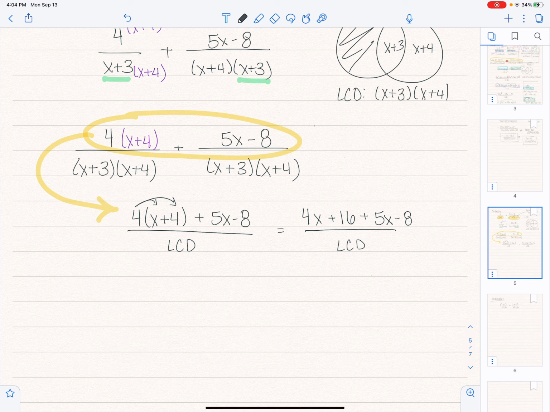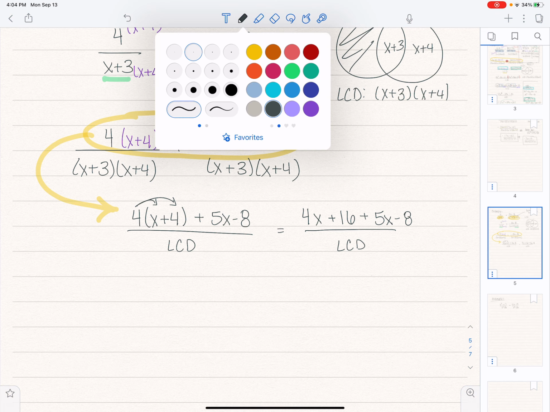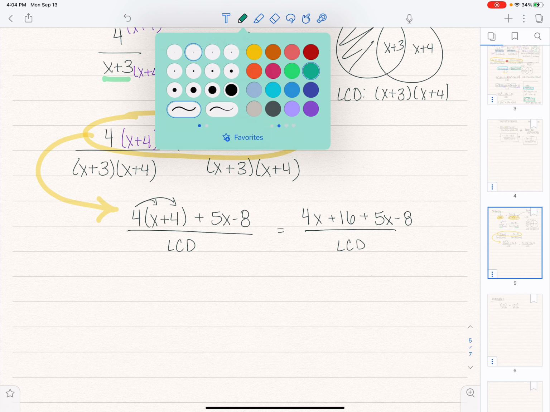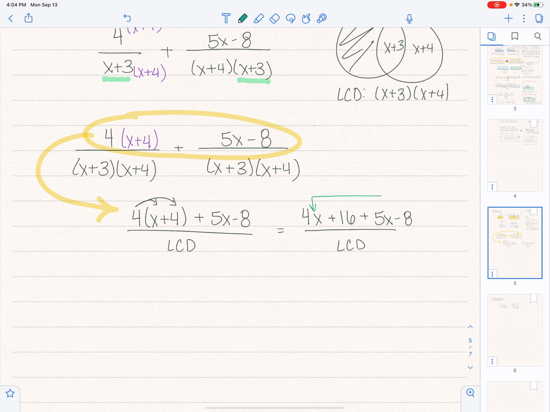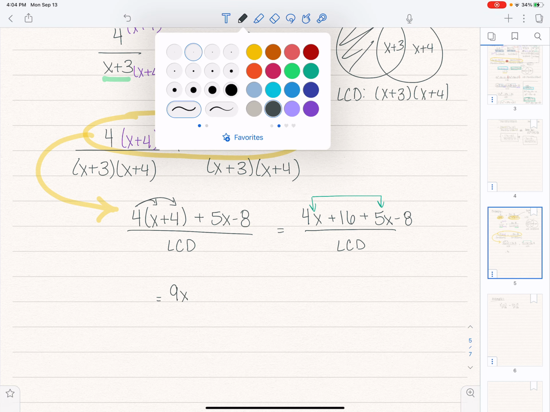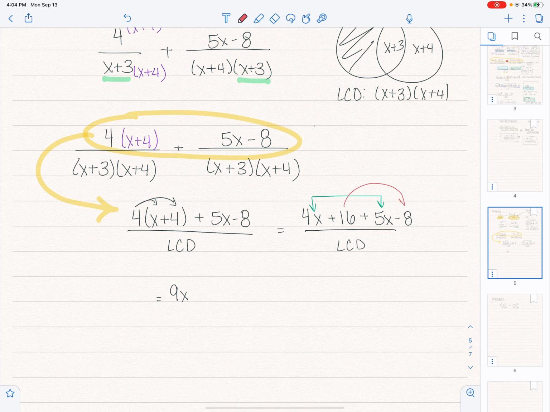I'm looking for any like terms. Yes, I have 4x and 5x, which gives me 9x. And I also have 16 plus negative 8, which gives me a positive 8 all over the LCD.